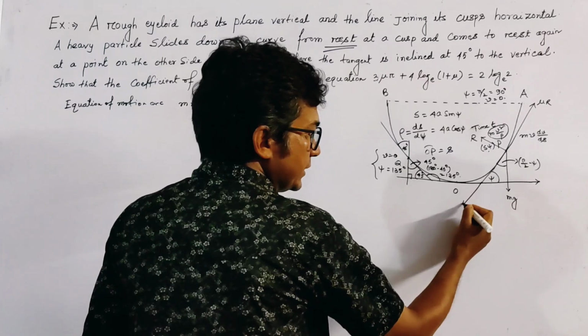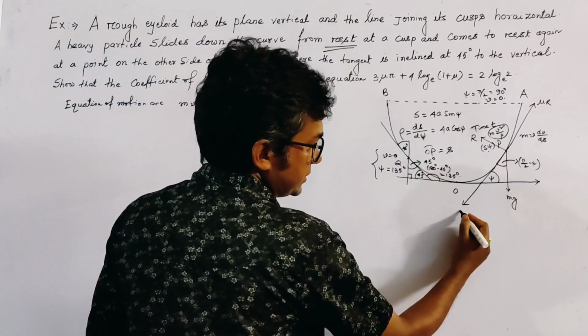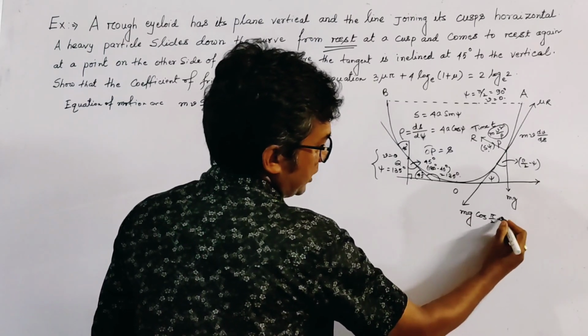So the component of mg along the negative tangent is given by mg cos of pi by 2 minus psi.